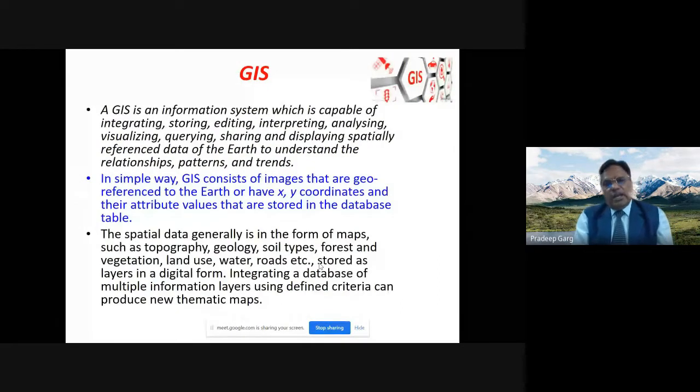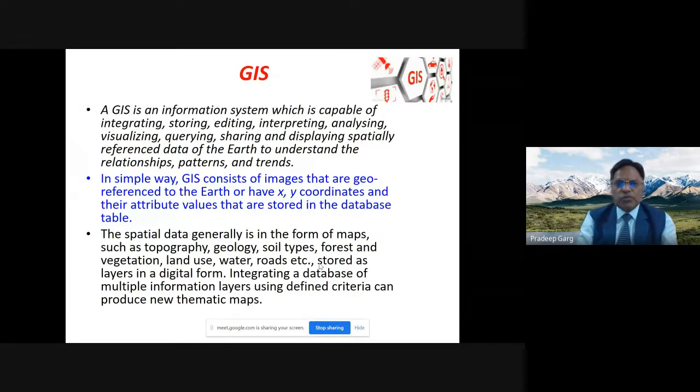The GIS is basically software which can do a lot of things for you, which can be used for storing, editing, interpreting, analyzing, visualizing, querying, sharing the data, integrating the data.